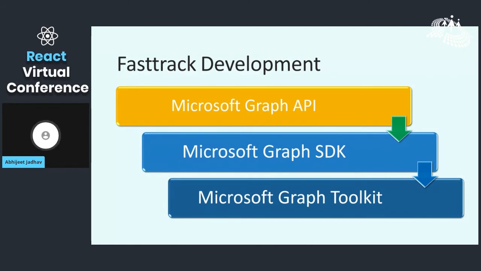It is developed on top of Microsoft Graph API and Graph SDK. It not only uses these Microsoft Graph SDKs to make the calls, but also inherits the beautiful UI and renders the components on the browser. So it will not only take care of the general plumbing task of making calls, but it will also help you render it on your browser with a beautiful Microsoft kind of UI, with Office UI, Office Fabric UI, which we now call Fluent UI.